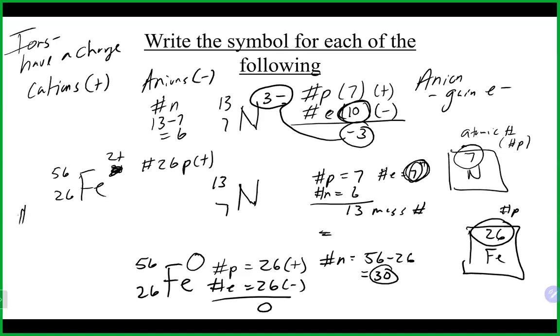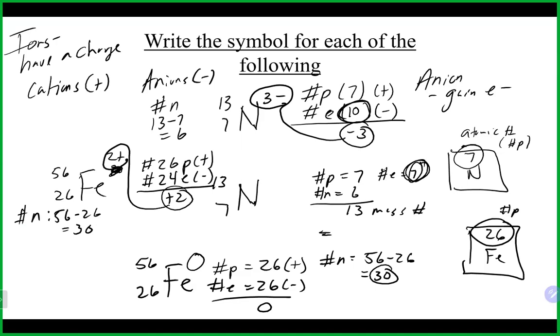It still has, in terms of neutrons, 56 minus 26, which would be 30. Now in terms of electrons, how many does it have? It has 24 electrons, right? 26 positive things and 24 negative things leaves you a +2 left over. And that is where the charge comes from, basically.